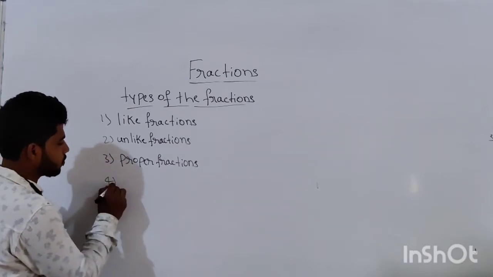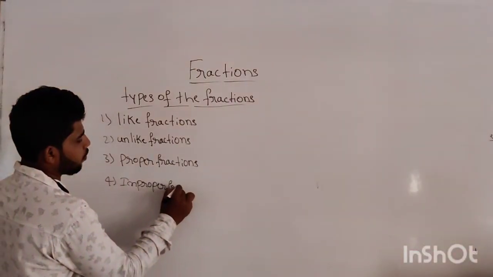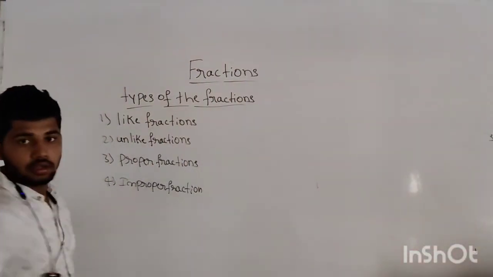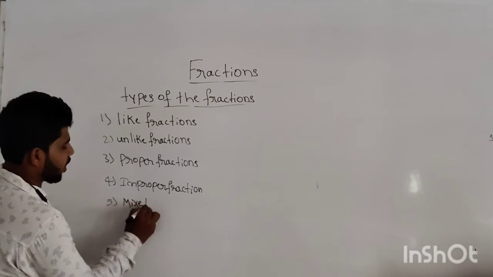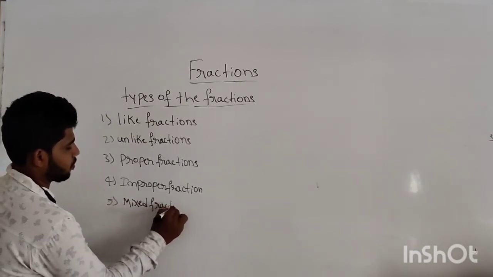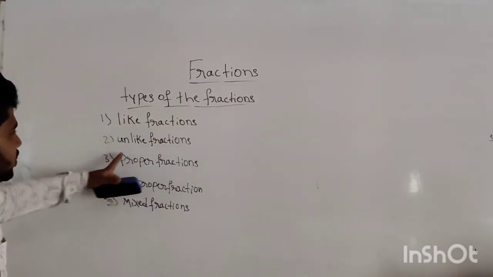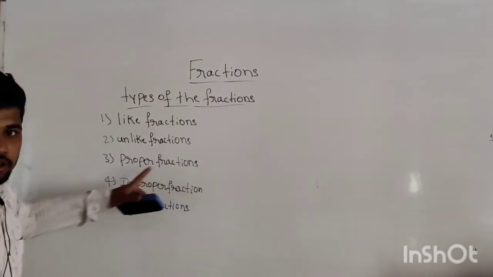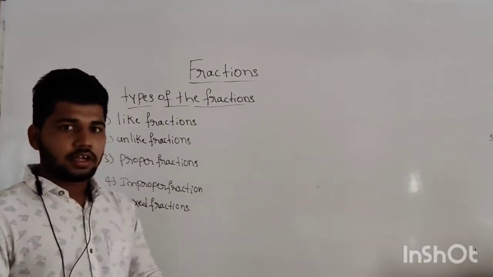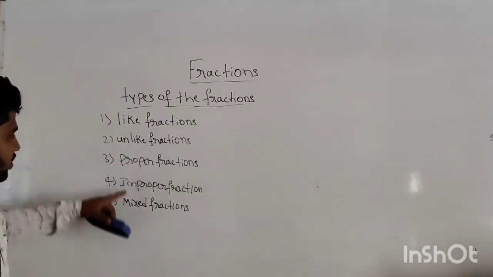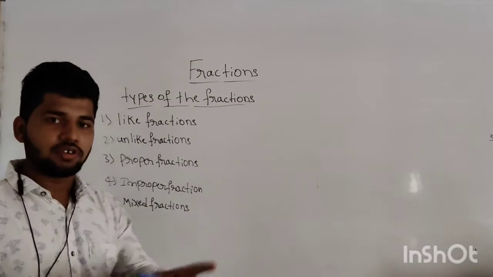Fourth one, improper fraction. And the fifth, last one, mixed fraction. But according to your syllabus, only proper fraction, improper fraction, and mixed fraction are included. Like fractions and unlike fractions are not in your syllabus.